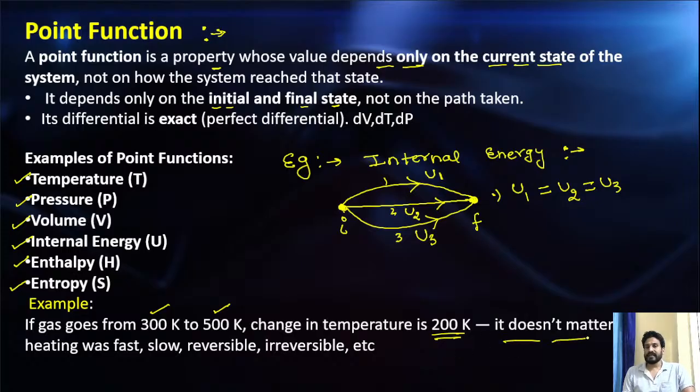So it doesn't matter, guys, whether the heating was fast, slow, reversible, or irreversible; we do not take care about the process, right? So a point function does not bother about the path. So this is what I'm saying, guys. This is my important point, so just write this point.